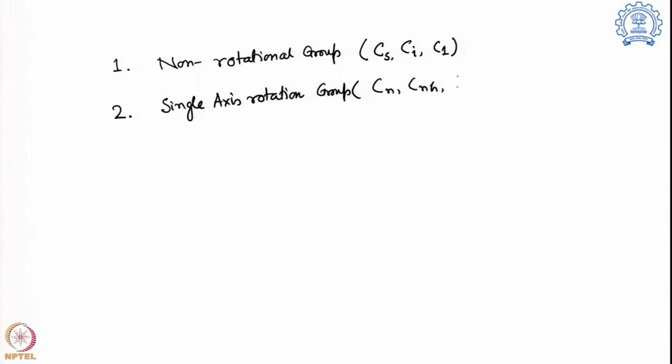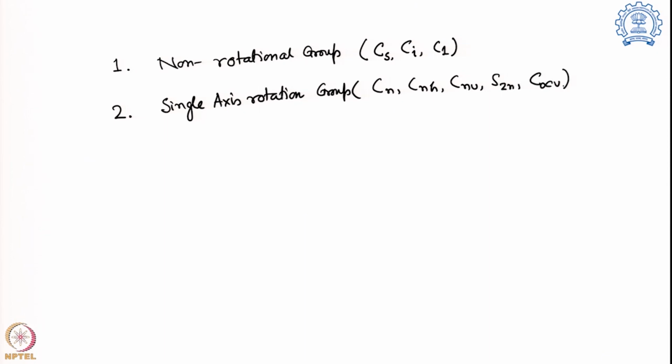Non-rotational group, where we have Cs, Ci and C1 point groups. Then we can have single axis rotation group, where we have Cn, Cnh, Cnv, S2n and C infinity v point group.